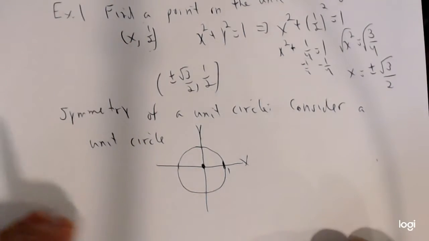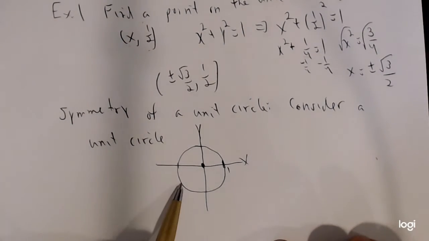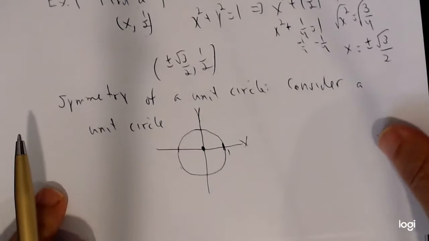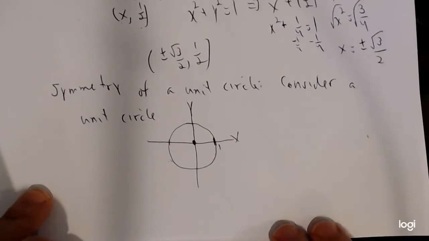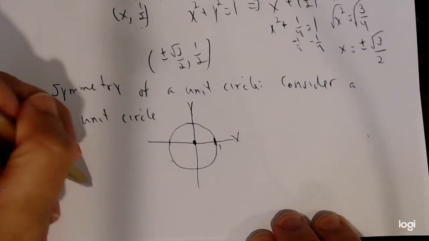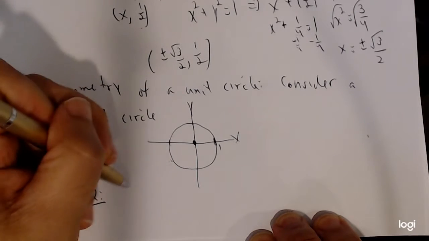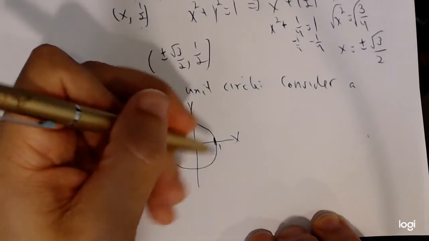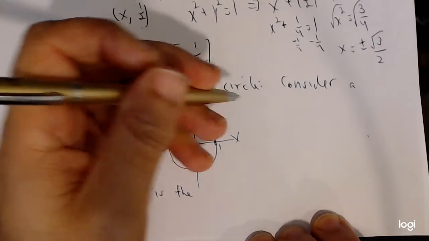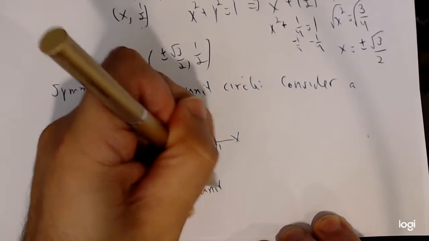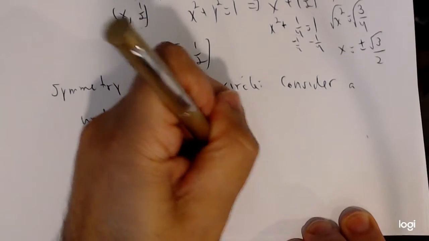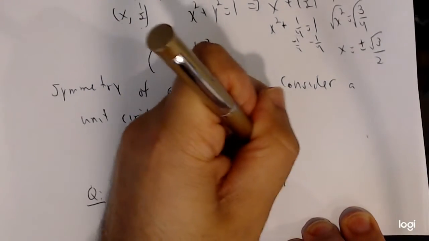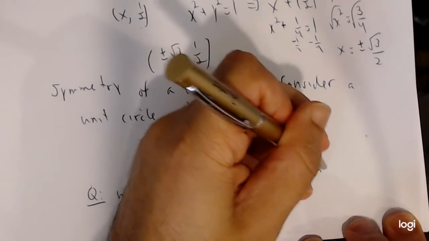Okay, so based on this picture, there is a question that I would want to ask. The question is, what is the unit circle symmetric to?